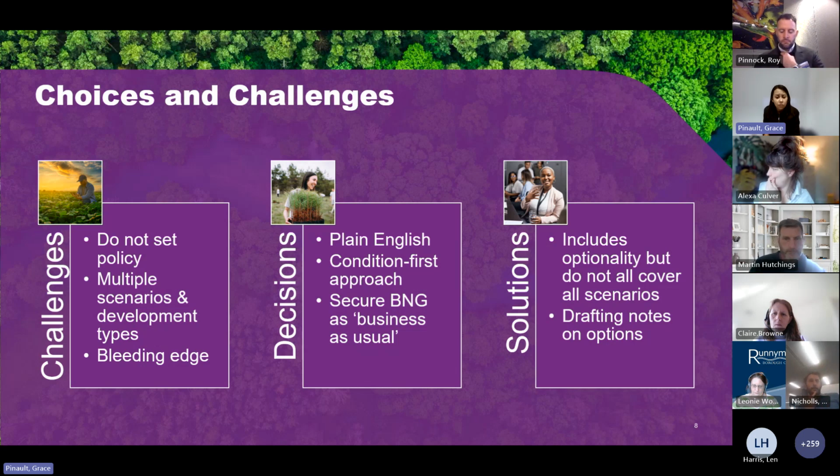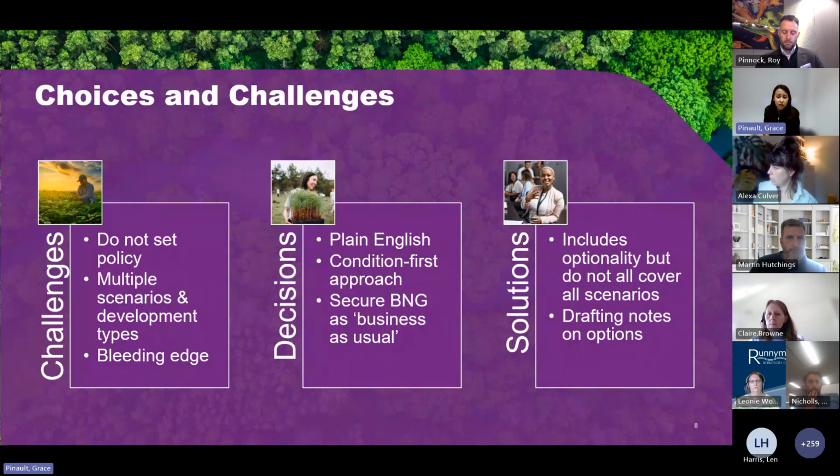And one of our approaches, which I think bleeds across all the documents, is securing BNG as business as usual. So we try not to reinvent the wheel, although there's a new regime. If we can secure BNG in traditional ways without adding in unnecessary complexity, that was something that we absolutely wanted to prioritize.